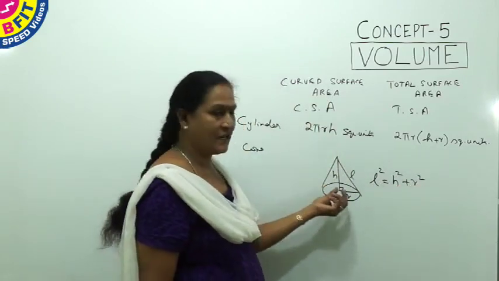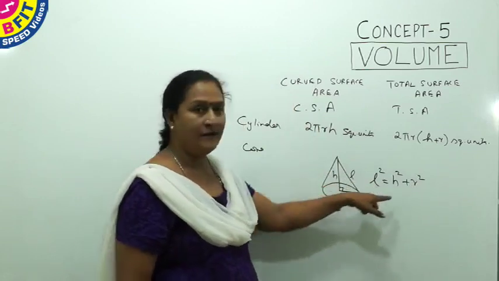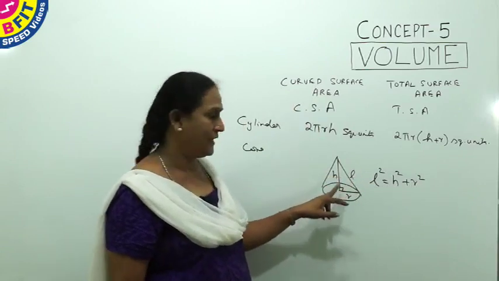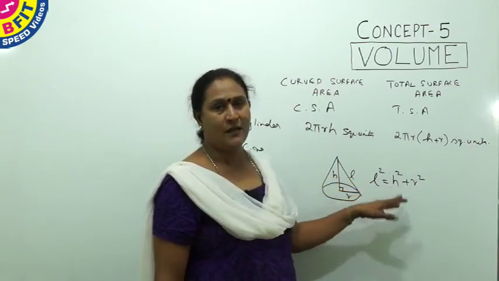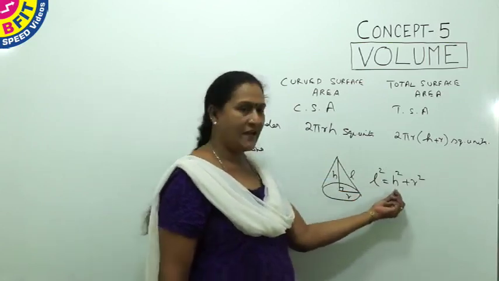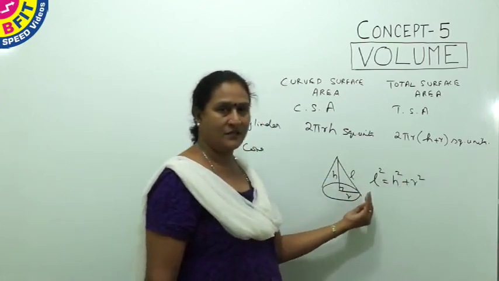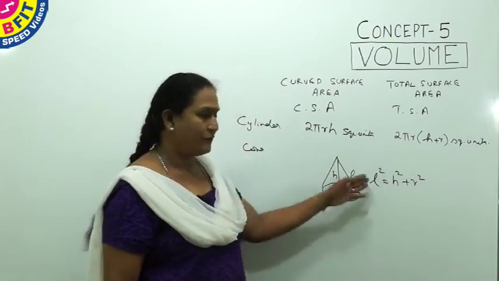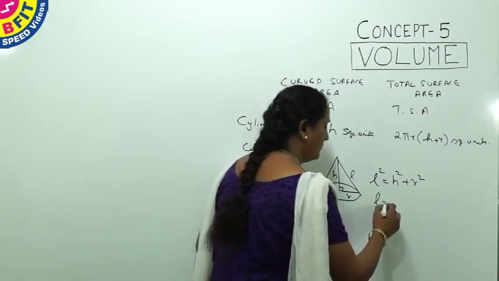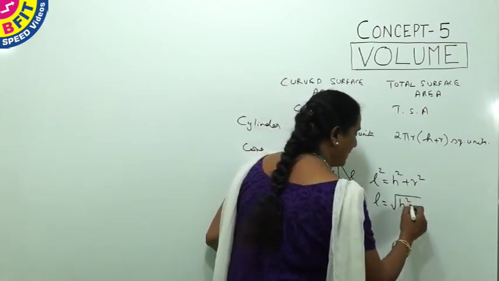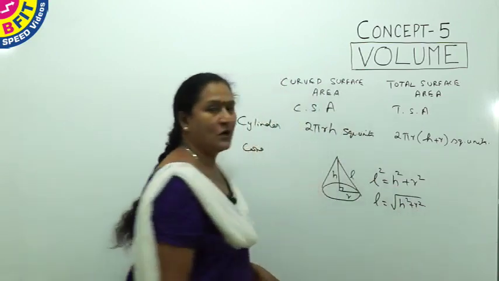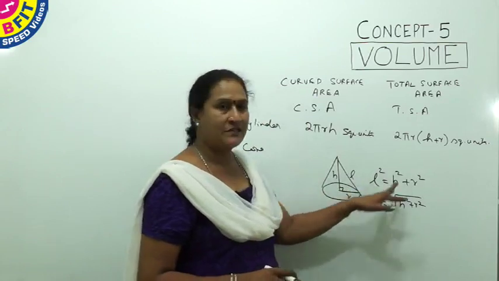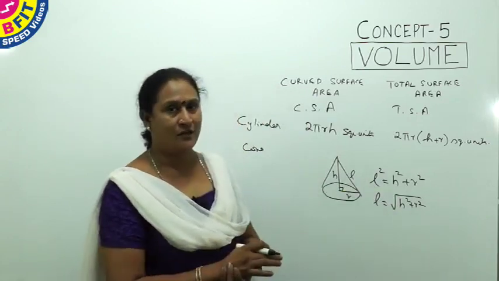The relation between the slant height, the vertical height and the radius is L square equal to h square plus r square. If height is asked, L square minus r square is h square. To find the slant height, we take the square root of h square plus r square. According to the need of the question, if two are given, we can find the other value.